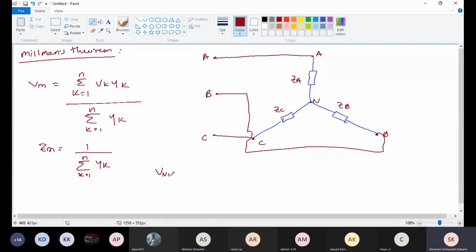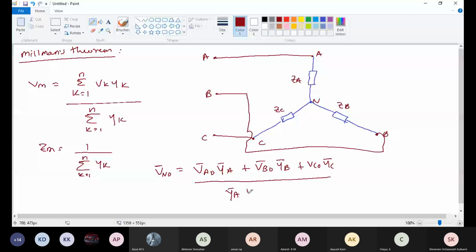V_ON equals (VAO YA + VBO YB + VCO YC) divided by (YA + YB + YC).